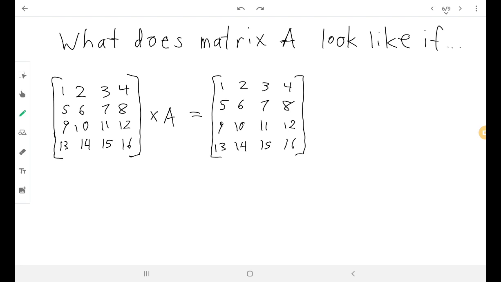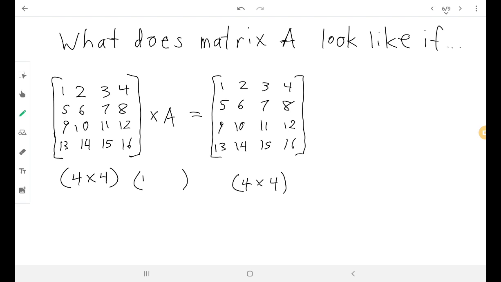So let's look at a couple things. First of all, what are the dimensions of that first matrix? It's 4 rows, 4 columns, so it's a 4 by 4 matrix. I hope that you can see that. Let's look at the resulting matrix. It is also a 4 by 4 matrix. So what do the dimensions of matrix A have to be?